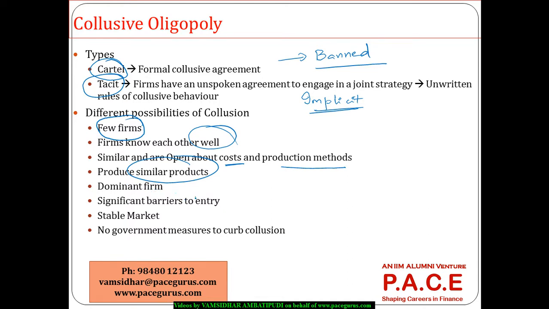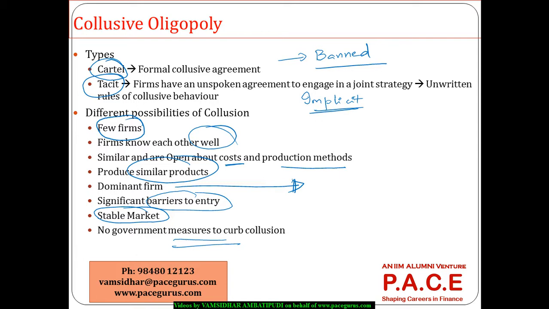there, if there are barriers to entry which are very, very significant, and they are operating more and more in a stable market, and the government is not taking any kind of measures to curb the collusion, or there is one single firm which is a dominant firm, because generally tacit collusion is very heavily seen in this kind of scenario.